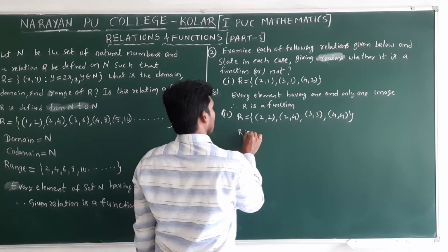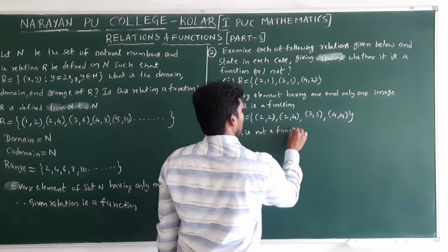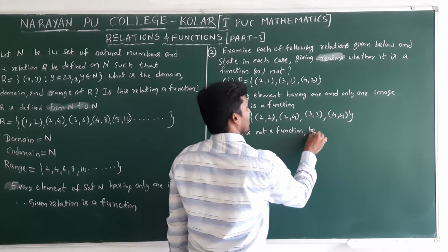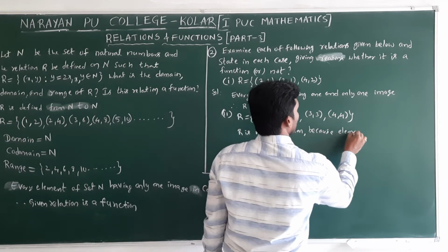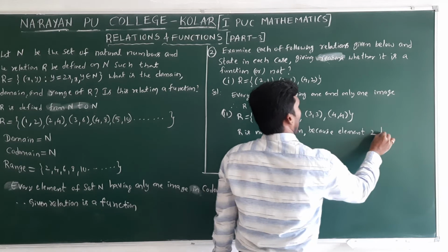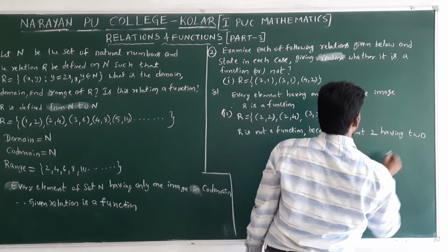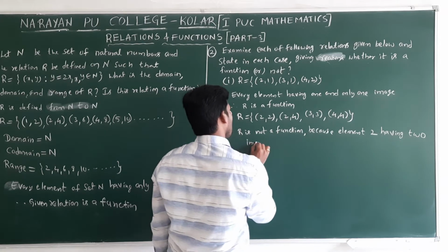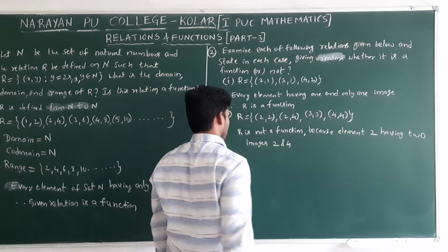R is not a function because element 2 has 2 images, that is 2 and 4.